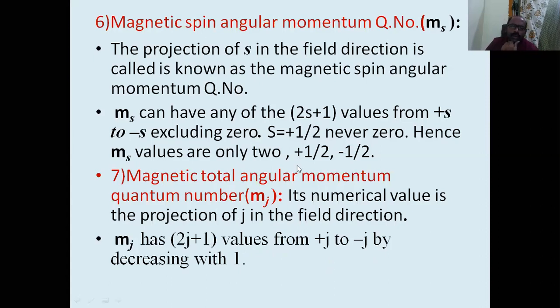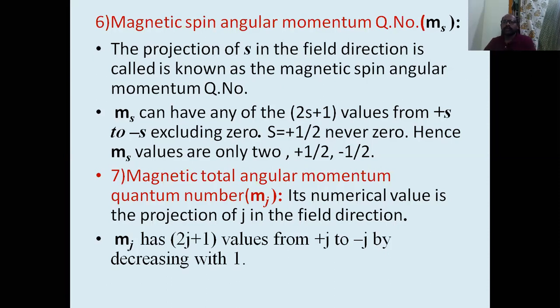So these are the 7 quantum numbers we have seen. In this lecture we have seen the principal quantum number, orbital quantum number, spin quantum number, total angular momentum quantum number, magnetic orbital angular momentum quantum number, magnetic spin angular momentum quantum number, and the magnetic total angular momentum quantum number.